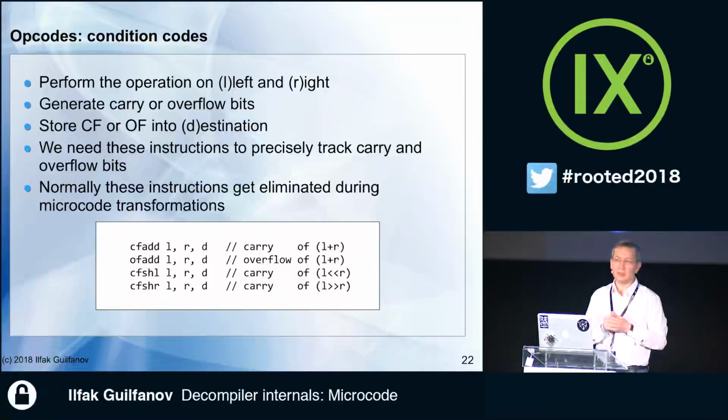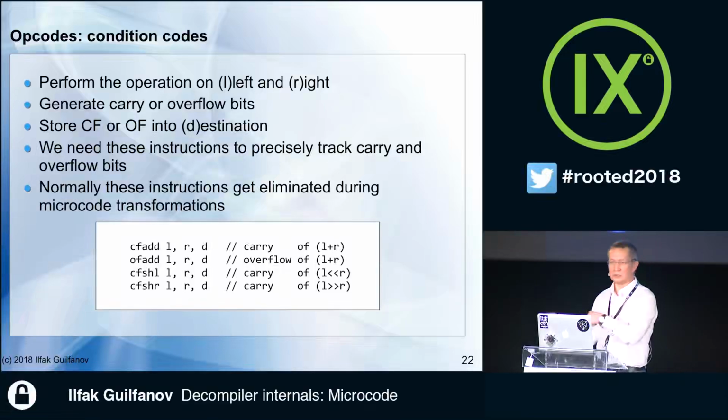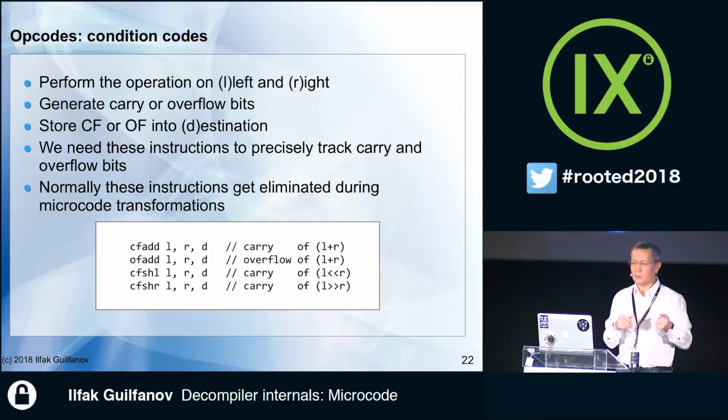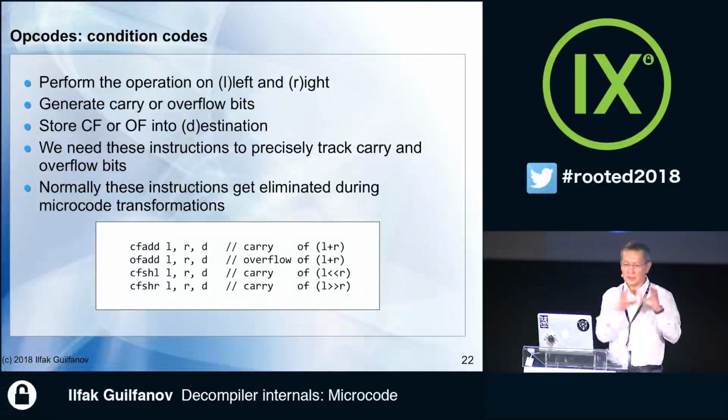Such an instruction does not exist in traditional processors, but this is a side effect of the add instruction. So when you say add, the processor adds two things and stores it at the destination, but it also updates the carry flag. Since we want to split the operations and every micro instruction does only one thing, we have to split it into a separate micro instruction called CF add.